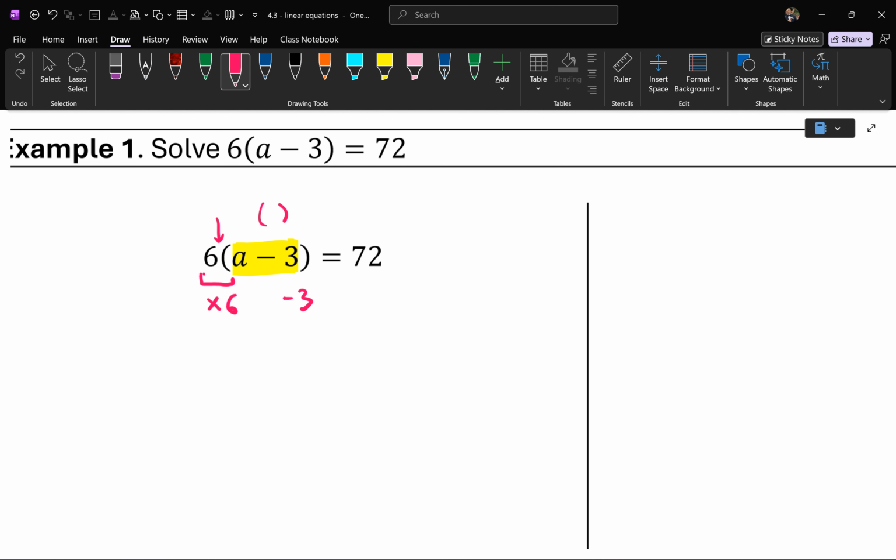So let's go through SAMDUB again. SAMDUB. You look for subtraction addition first. You look for multiplication division second. And then you look for brackets third. Now, remember brackets is going to be last. So you don't deal with this a minus 3 first. Do I have addition subtraction? I do.